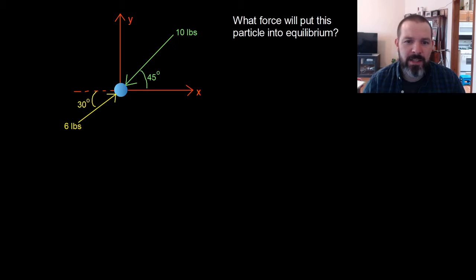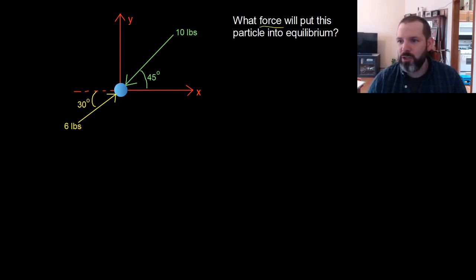It has 10 pounds acting down and to the left at an angle of 45 degrees, and it has 6 pounds acting at an angle of 30 degrees going up and to the right. I want to know what force will put this particle into equilibrium. Now when I say what force, a force is a vector, so we need to come up with both a magnitude and a direction for this force.